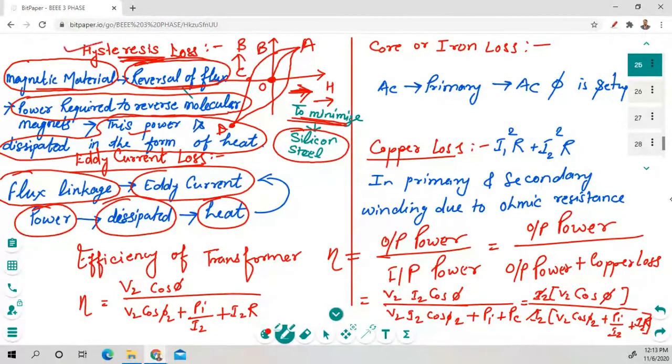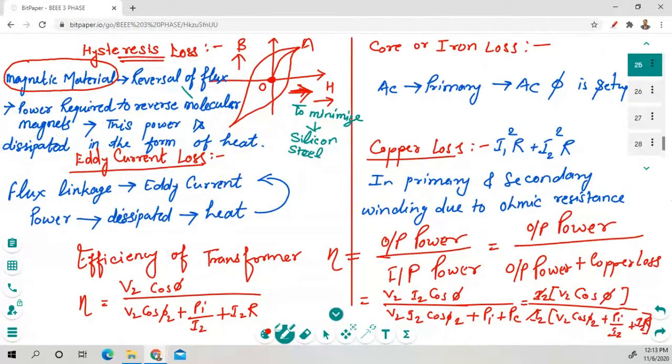So these two losses, hysteresis loss and eddy current loss, occur due to heat. Understood? Write in the chat box.